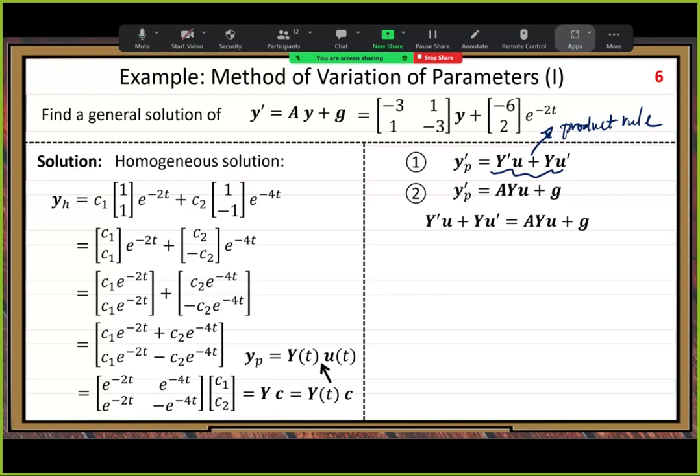All right. So now we need to work on this new equation. Here you have matrices, you have vectors, you have derivatives. It looks pretty complicated.